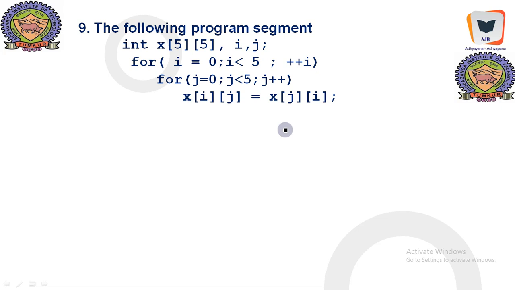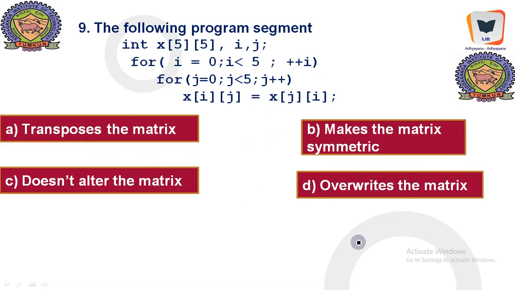Therefore we are simply generating a symmetrical matrix. It is not transpose. Transpose is rows becoming columns and vice versa, and here i,j equal to j,i. This is about symmetry. So therefore it makes the matrix symmetric.